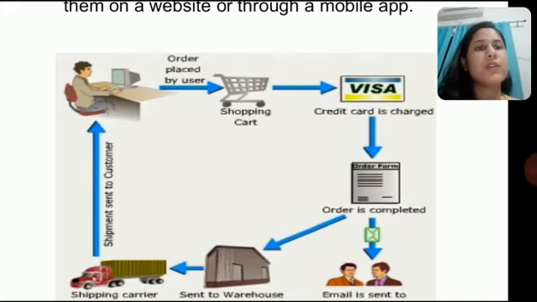You first place the items in the shopping cart, and after that you go to the shopping cart, open it, and then you do the payments for it. In the next step, credit card is charged, order is completed.